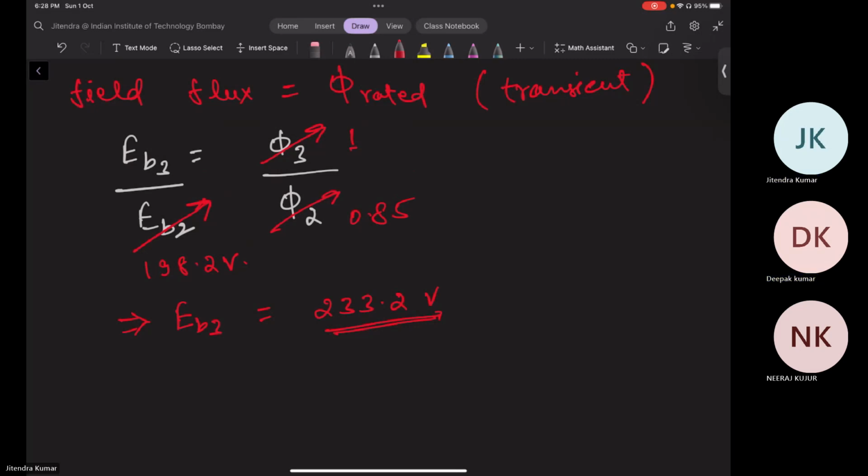In the last case, it was at 85% of rated, right? Now you are bringing back the rated flux. So now our phi 3 is the rated flux, and in the previous condition phi 2 was equal to 85% of the rated flux.